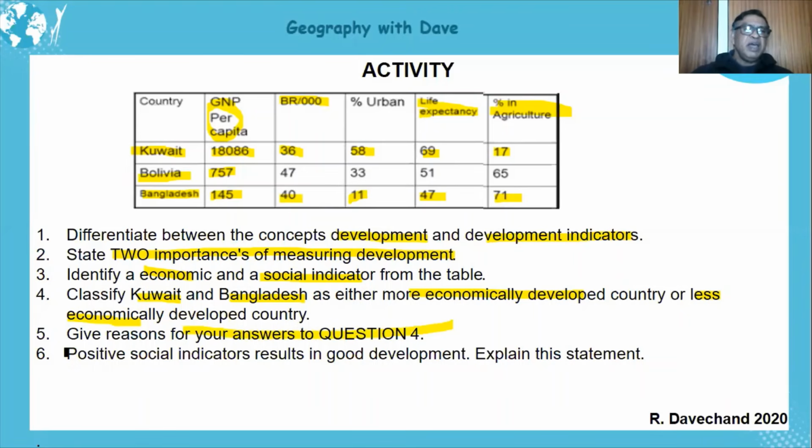I got one more here. A positive social indicator results in good development. Explain this. Of course, we're looking at the quality of life and the productivity of the people. When I talk about positive social indicators, if they're good, for instance GNP per capita is high, the life expectancy is good, or even the literacy rate is good, which tells you they have lots of skills and they're living a better quality of life, therefore they'll be more productive.